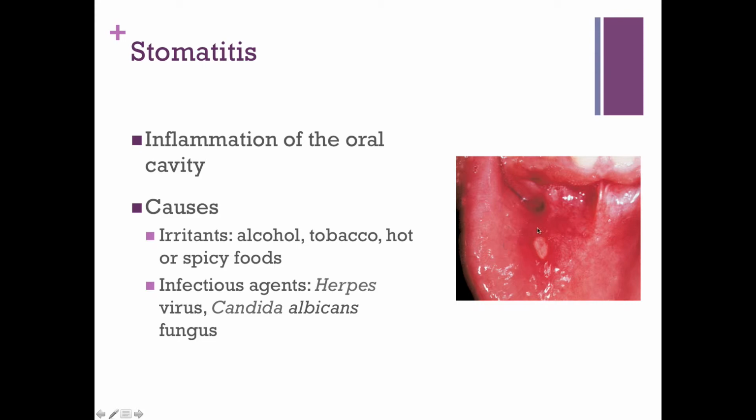They can pop up because when stress goes high, the immune system goes low, so you can have an overgrowth of different bacterium. Fungi like Candida albicans is a yeast type of product. The herpes virus causes sores here, but also just irritants like alcohol, tobacco, hot, spicy foods.